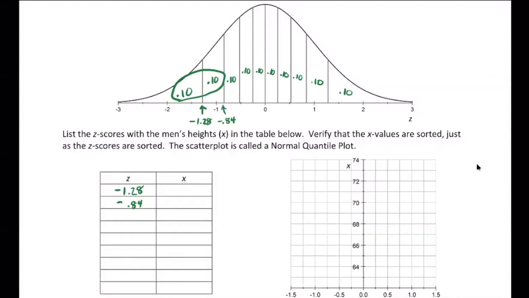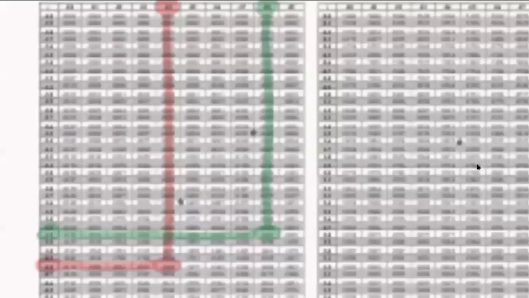I'm not going to be able to squeeze all that in. I'm going to have to zoom in and do a better job with my graph. I'll do that next. The next one has an area of 0.30 to the left of it. So again, let's look for an area of 0.30.